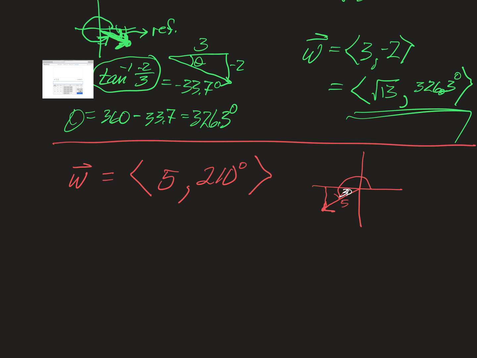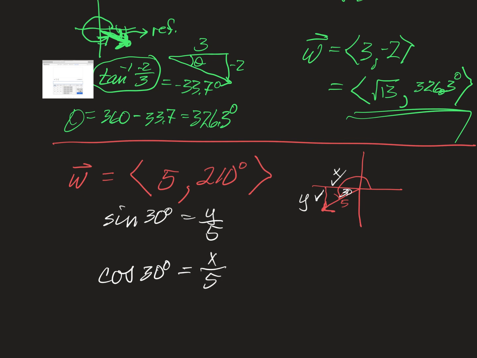Since I have that angle and this side, I can find this side and this side, which are the component forms, the x and the y, that I need. By trig, the sine of 30 degrees is equal to the opposite, y over 5, and the cosine of 30 degrees is equal to x over 5.